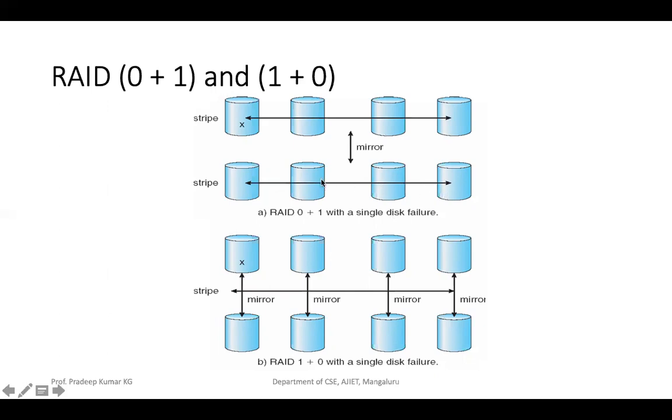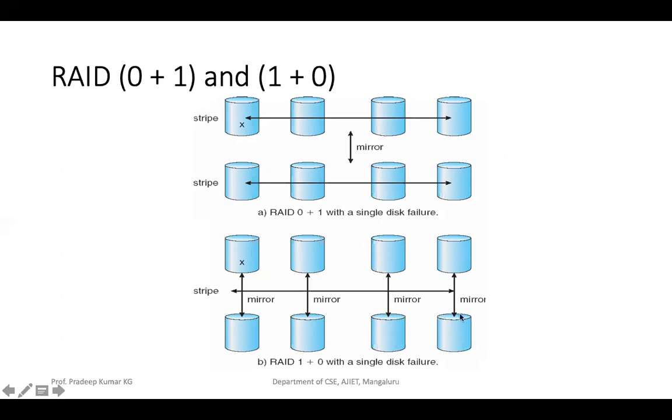What we are trying to say is, if something fails over here, you can have that particular data from this particular setup. Please follow my cursor. If something goes wrong with the third disk, if the third disk fails, automatically the program should fetch that data from the copied or mirrored disk from here. Now, RAID 1 plus 0 is nothing but we'll have a copy.